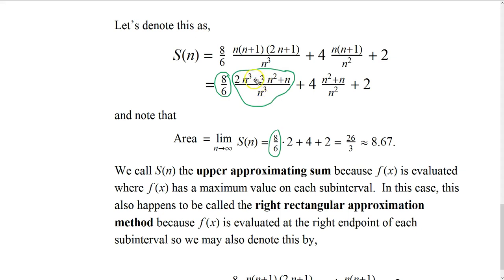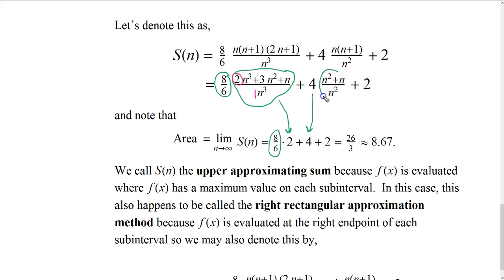So as n goes to infinity, the limit of this is going to be the quotient of the leading coefficients. And the leading coefficients are 2 over 1, 1 times n cubed. So this quantity right here is approaching 2 as n goes to infinity. The 4 stays 4.